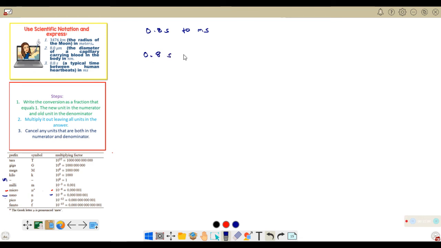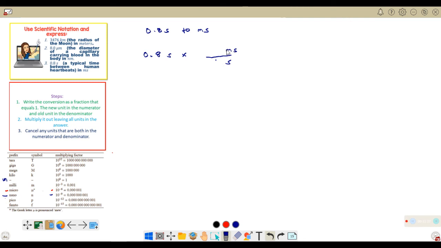Let's solve 0.8 seconds times numerator, new unit, denominator, old unit. So for every 1 second, how many milliseconds are there?